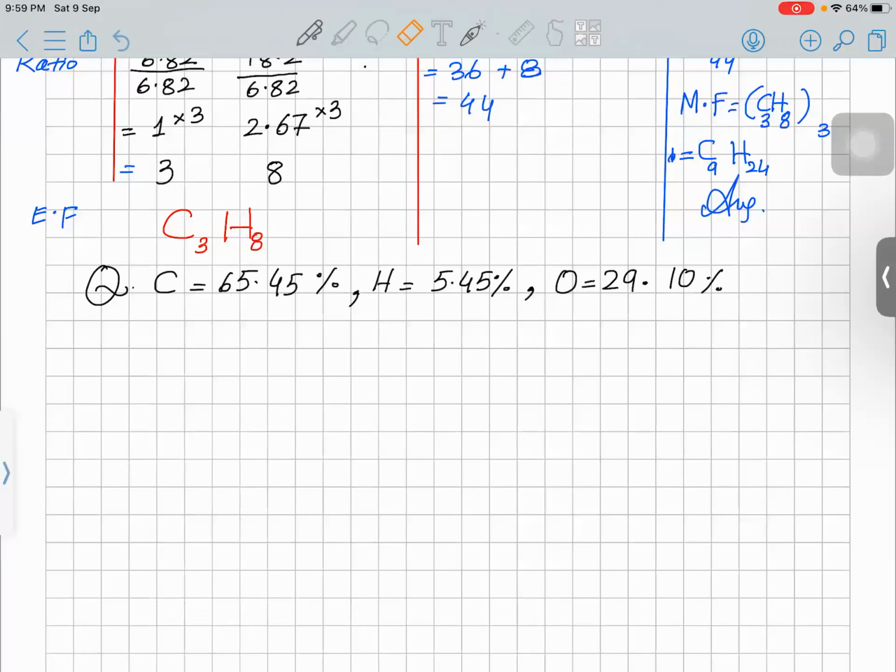MR 110. Find the molecular formula. Now start.